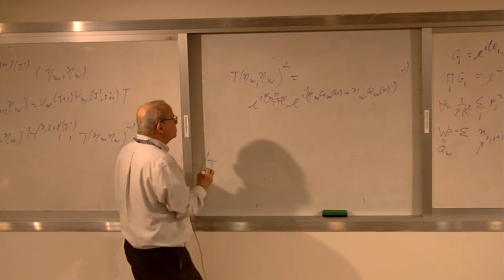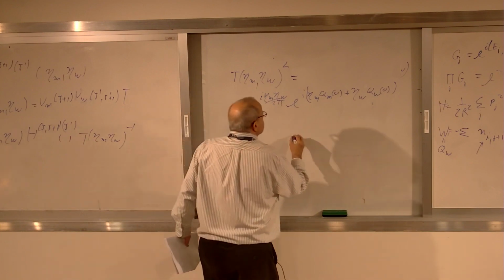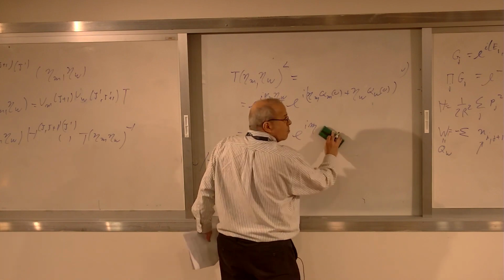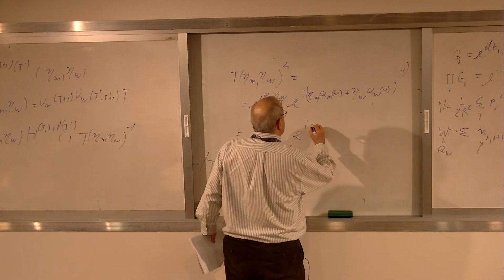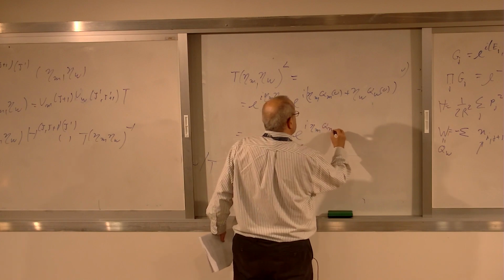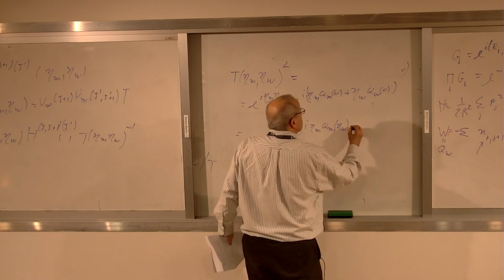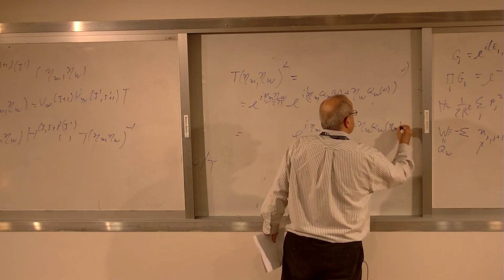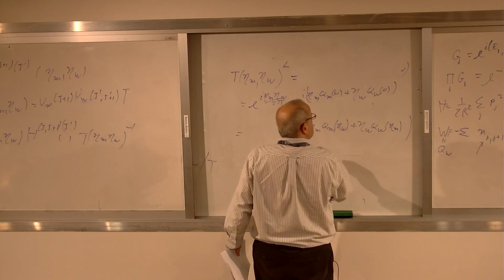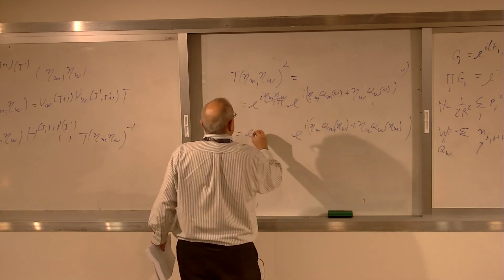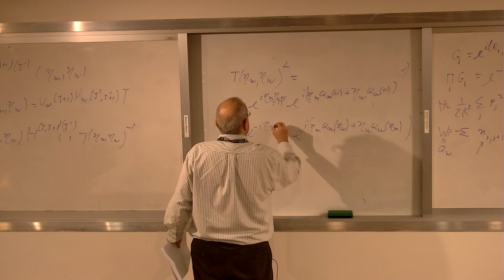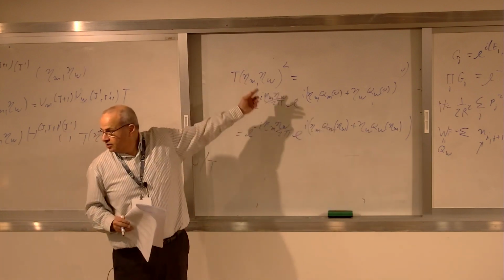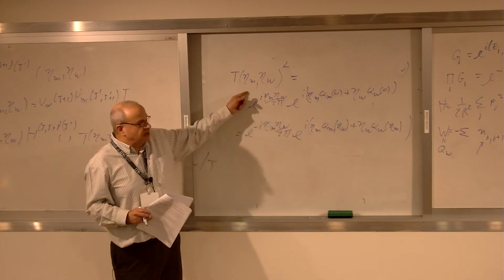Option two, so no, you take the twisted one, eta m, qm, which depends only on eta w, plus eta w, qw, which depends only on eta m. And then I have e to the minus i eta m eta w over 2 pi. So either of these two choices leave a phase behind.